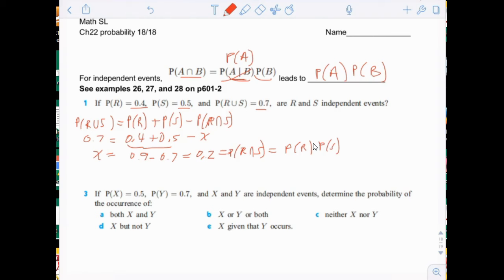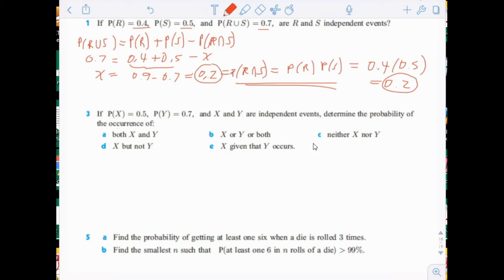Well, it's equal to 0.4 times 0.5, which is equal to 0.2. Wait a second, 0.2, 0.2, so yeah, they are independent events, because this is true. Alright, moving on.